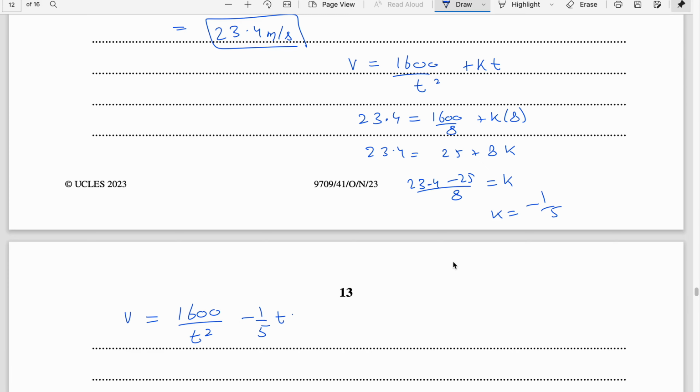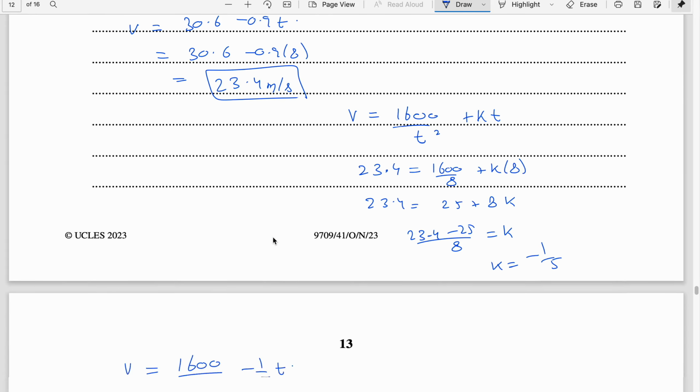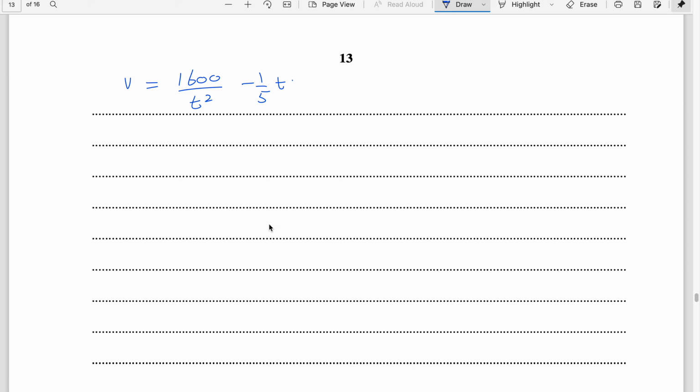Now we know the condition was that it comes to rest at point X. That means when it ends, velocity will be 0. So let's do that to find t.